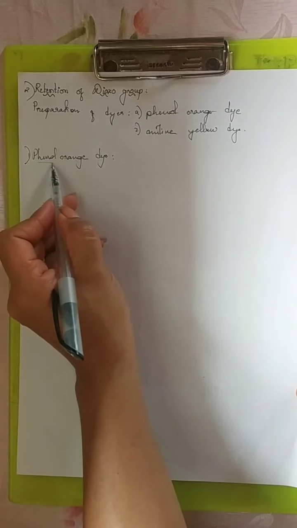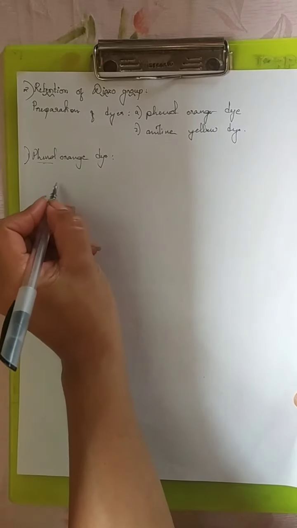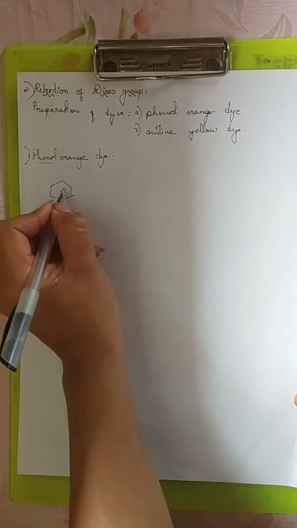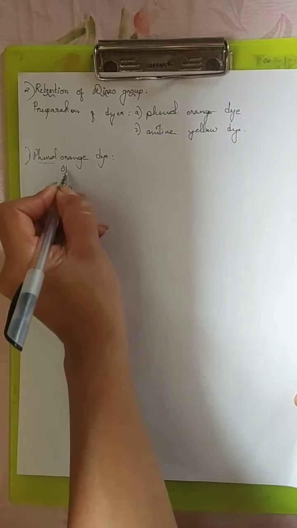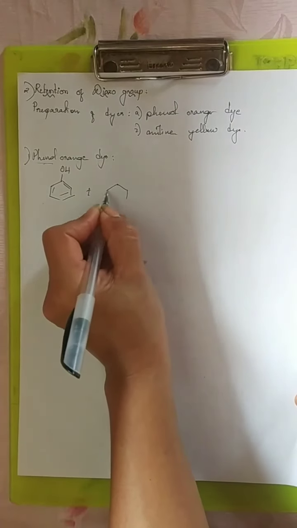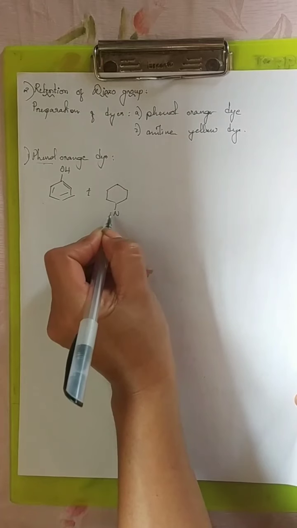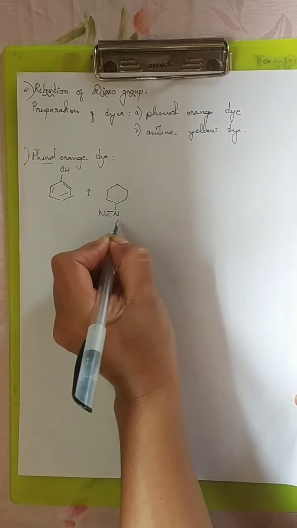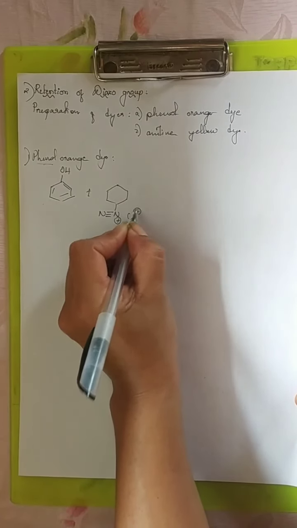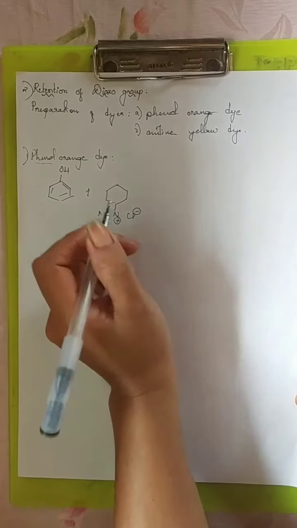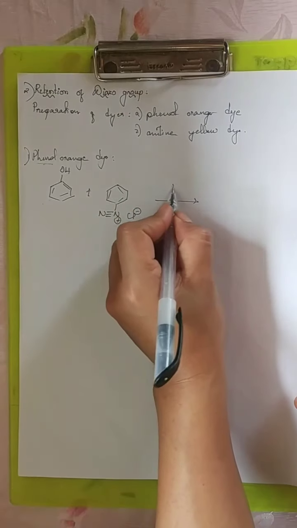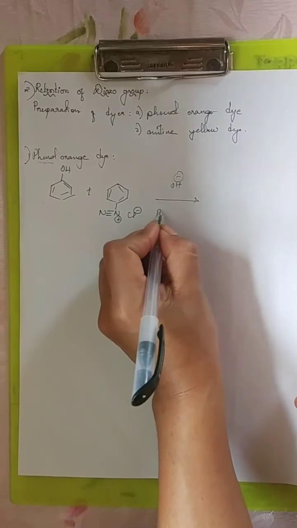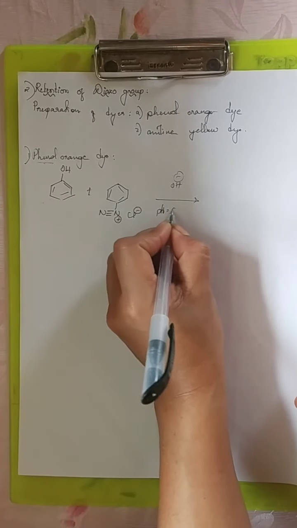Now the name itself says phenol, therefore phenol itself will be involved here. Phenol, OH. Now for simplification, I'll be writing the diazonium salt as N triple bond N, this is plus, Cl minus here, and this reaction undergoes under a basic medium, and the pH here is maintained from 9 to 10.